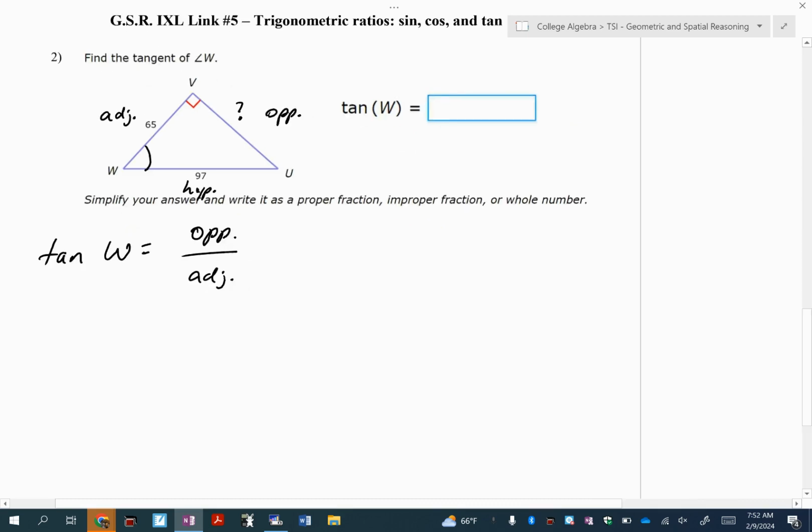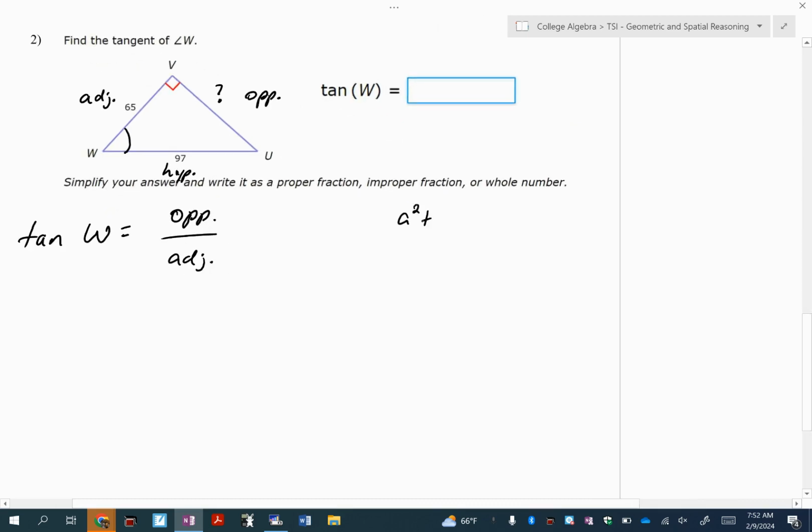Okay, so let's use the Pythagorean theorem. A squared plus B squared equals C squared. 65 squared plus B squared equals 97 squared. I'm going to go to my calculator to get those numbers. 65 squared is 4225.